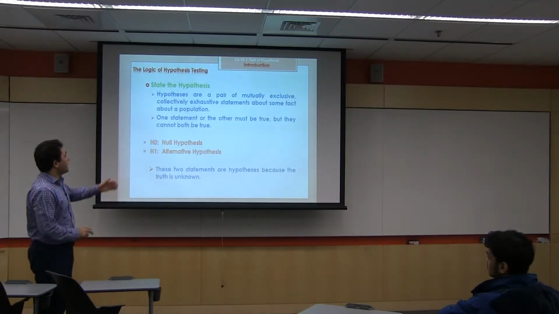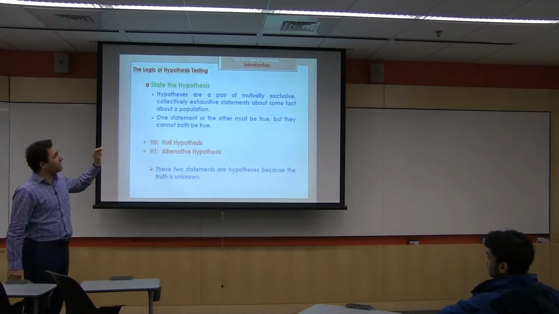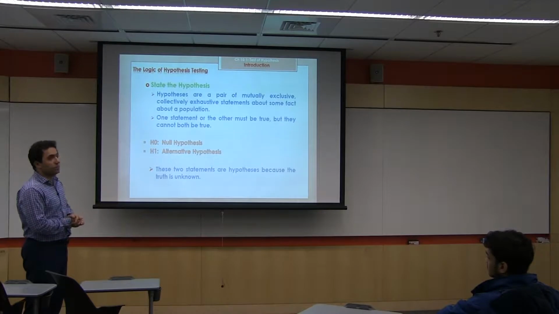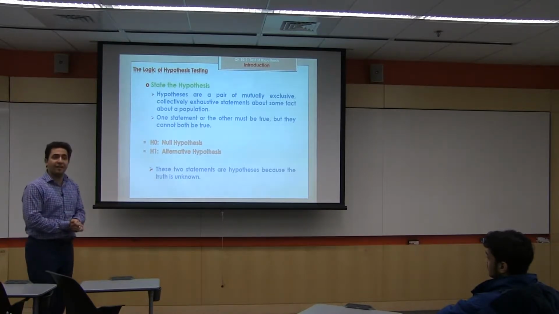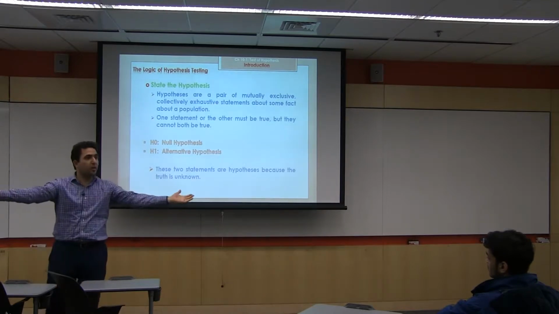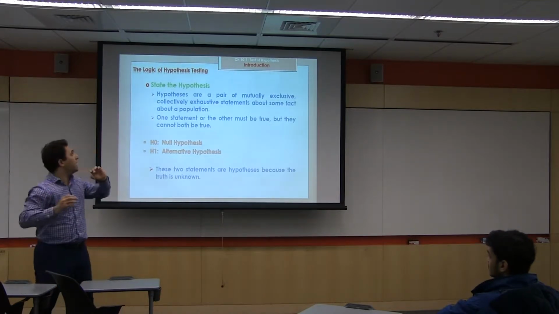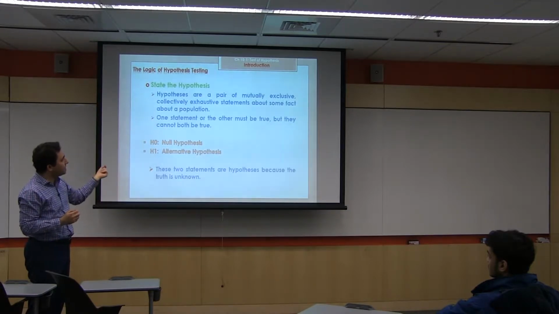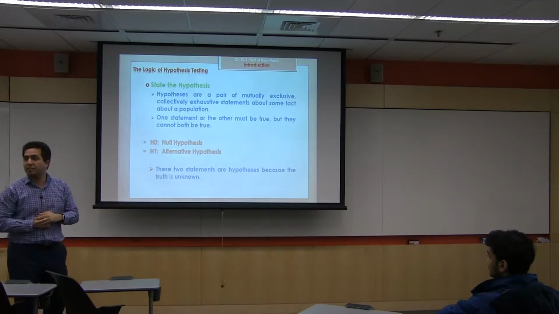These hypotheses are a pair that are mutually exclusive. That's the reason we cannot accept both of them. They are mutually exclusive and collectively exhaustive, meaning that they cover all of the possible options that we have in front of us. Based on those hypotheses, you're going to run the test. One statement or the other must be true, but they cannot be true at the same time.